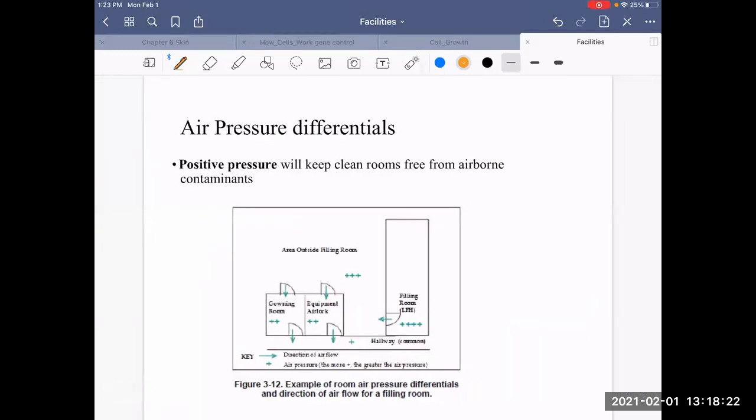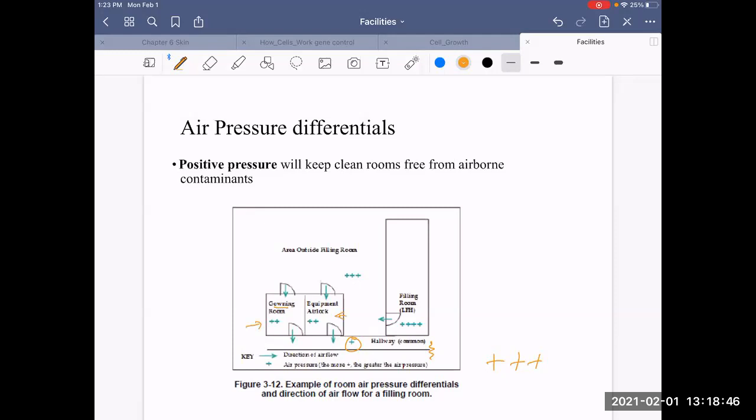Okay. So positive pressure is going to keep the clean rooms free from airborne contaminants. So these little pluses I have on here represent how much positive pressure there is. Okay, so here's a hallway and a common area, and it's only got one plus. Okay, so we have two airlocks here.